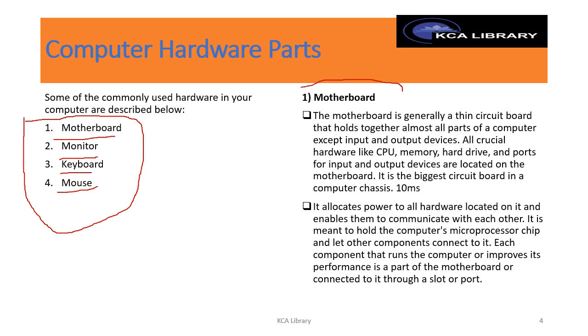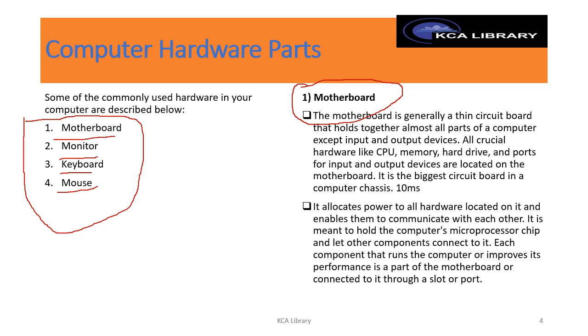First of all, let us look at the motherboard. The motherboard is generally a thin circuit board that holds together almost all computer parts except the input and the output devices.